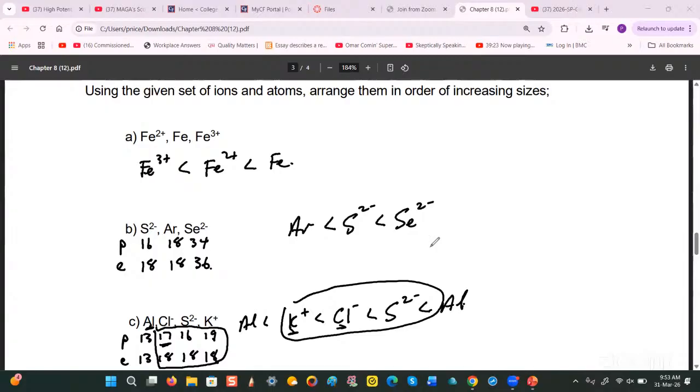The thing is that aluminum, if you just look at the atomic structure without any ions, will be larger than sulfur and the chloride. But it would be smaller than potassium, because it's on a level above.